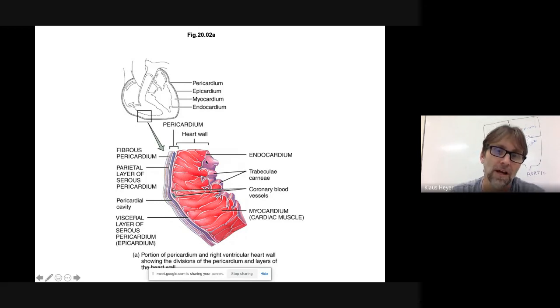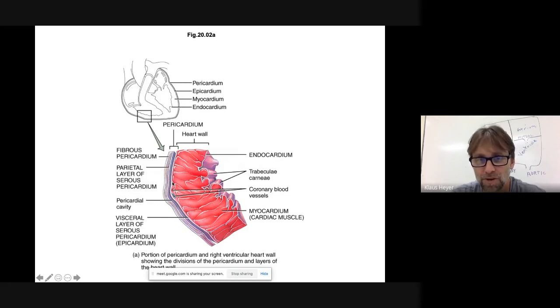But look at this little white lining. We call that the endocardium. And then look at this other white line here. We call that the epicardium.